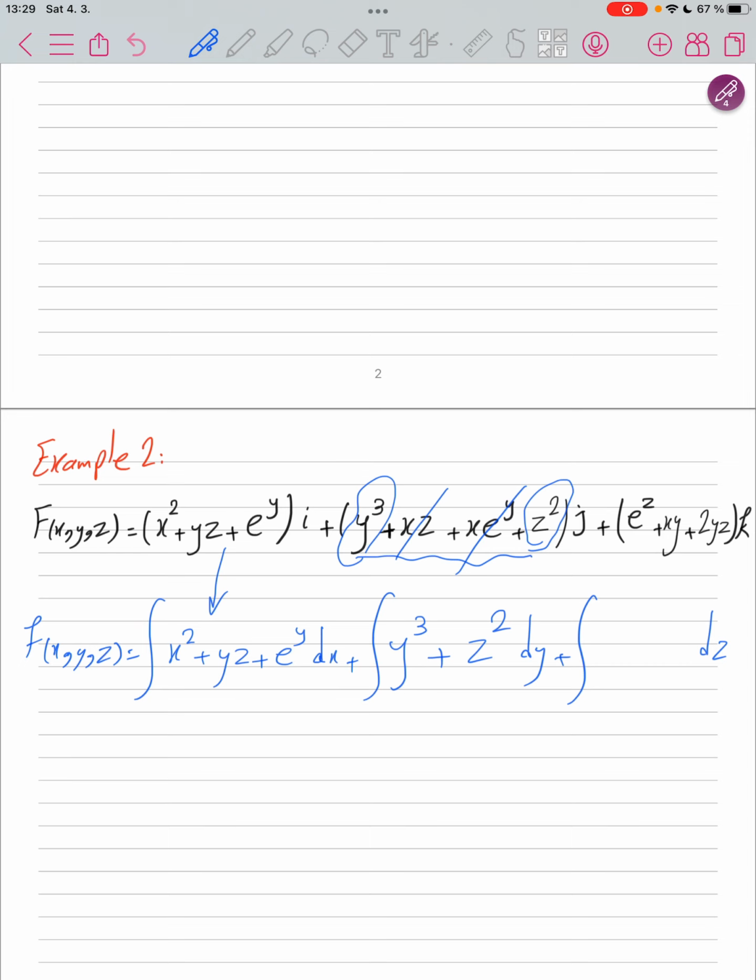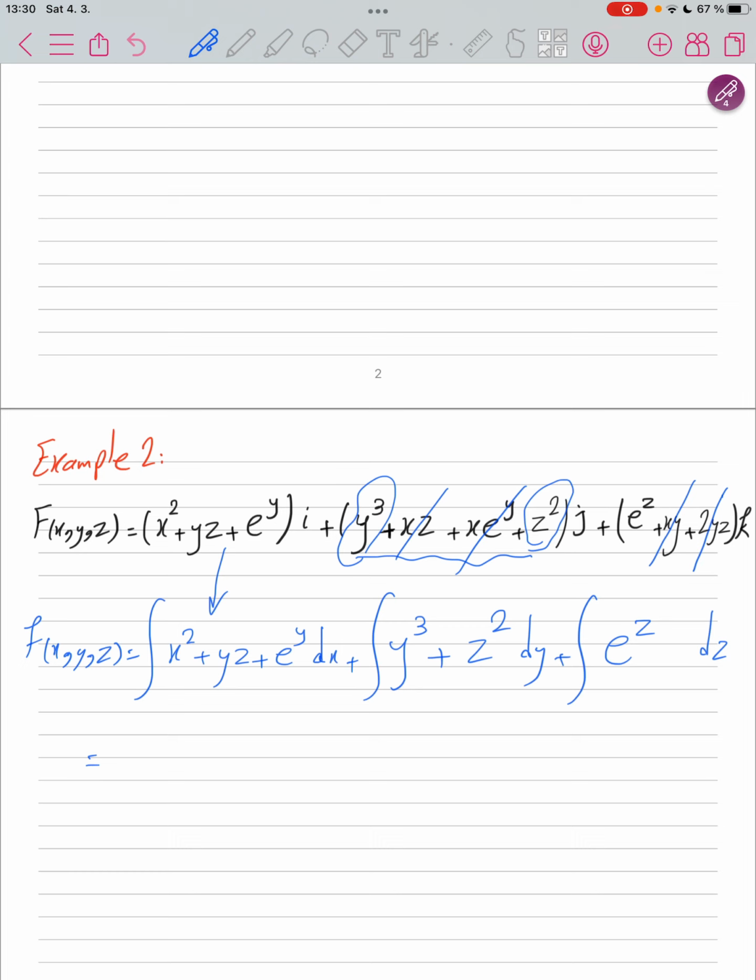How about the last one? The last one is just: ignore all the terms which contain x or y, right? Therefore, I should ignore this and I should ignore this. Therefore, I only have e to the z. Now take an integral.